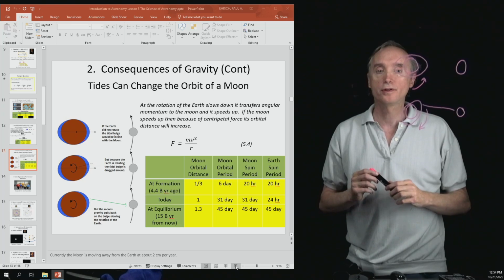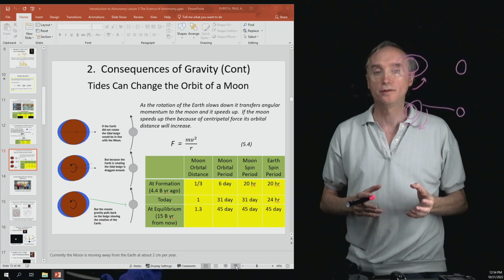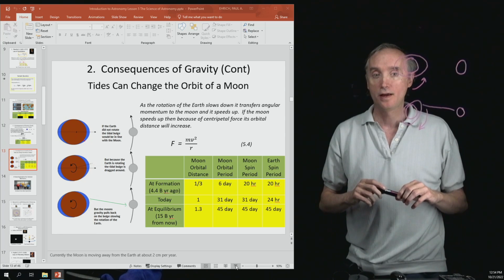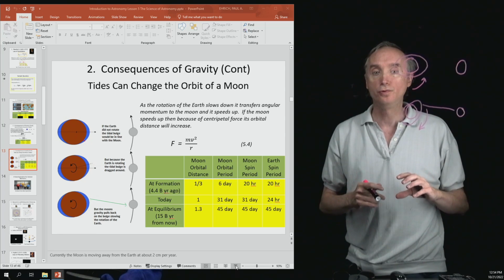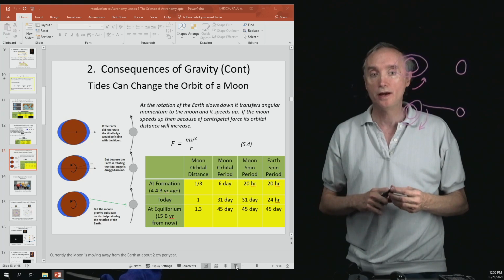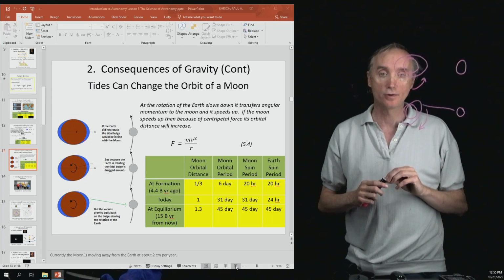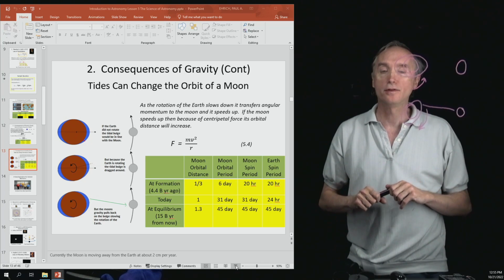And you also notice that the moon would have orbited the Earth once every 6 days. And the moon would have spun once every 20 hours, and the Earth would have also spun once every 20 hours.